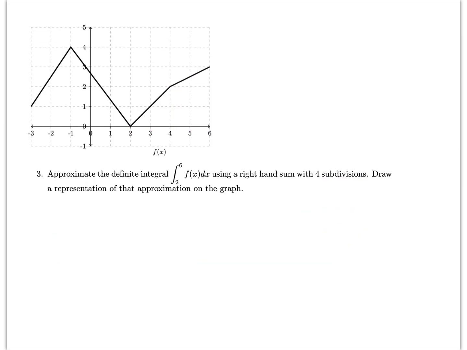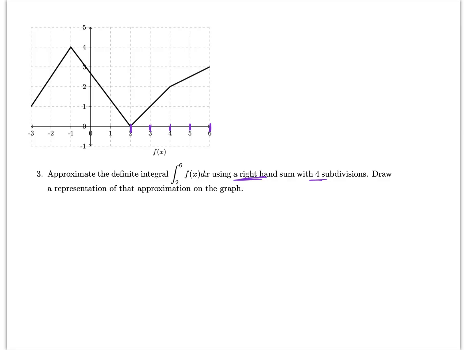We're going to approximate the same integral from 2 to 6 of f of x dx, this time using a right-hand sum and 4 subdivisions. Right-hand sum, 4 subdivisions. So I'm going to mark 2 and I'm going to mark 6. I'm going to break it into 4 equal parts. I'm going to build a rectangle over each of those intervals. This time I'm going to determine the height of the rectangle using the right endpoint of the interval.